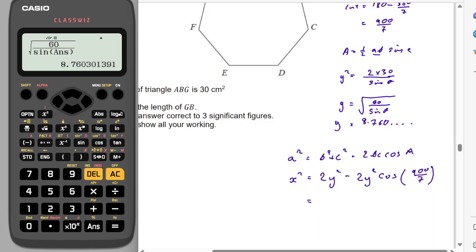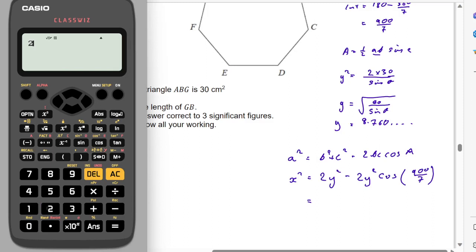So, I want 2 times y squared minus 2 lots of y squared times cos of 900 over 7, and this should be the exact value because I've not rounded at any point.